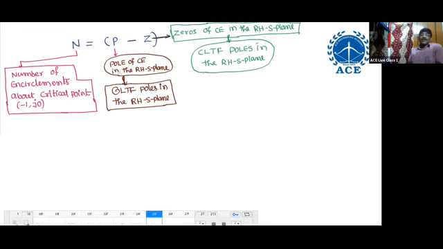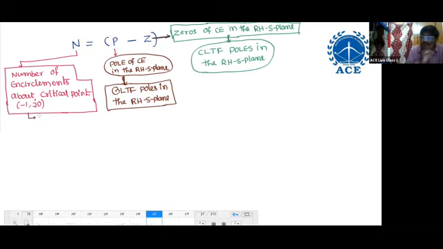So what is P? Open loop poles right. What is Z? Closed loop poles right. N is nothing but the number of encirclements about the critical point. Why is it the critical point?